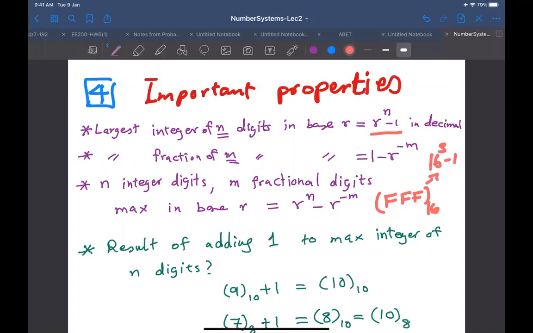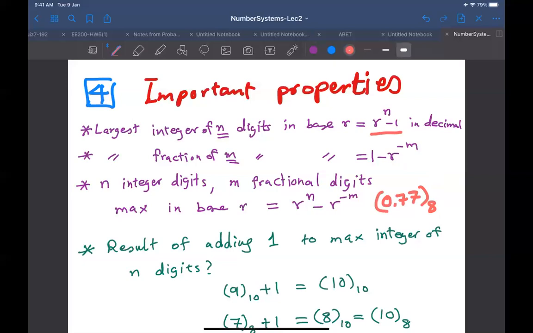The other property is that if you have a fraction, the largest fraction of m digits in base r has a decimal value of 1 minus r to the minus m. So if I tell you what is the value of 0.77 in octal, what is the value in decimal of this number?